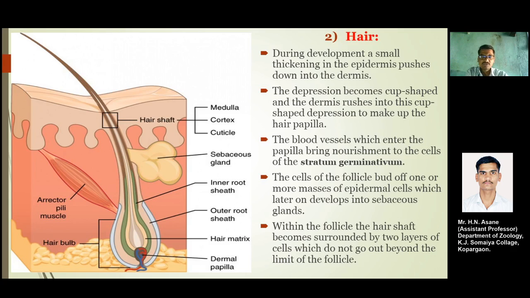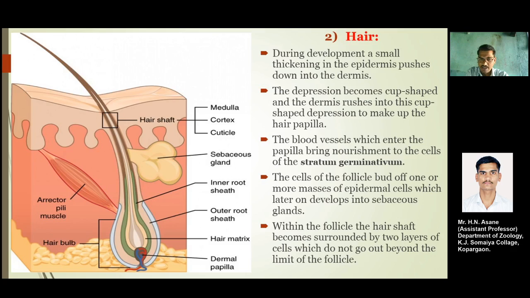Okay, and from the skin to the outer environment, the hairs that are visible are known as the hair shaft. Okay, and from the skin to the root hair, all the development of the hair is known as the hair root.